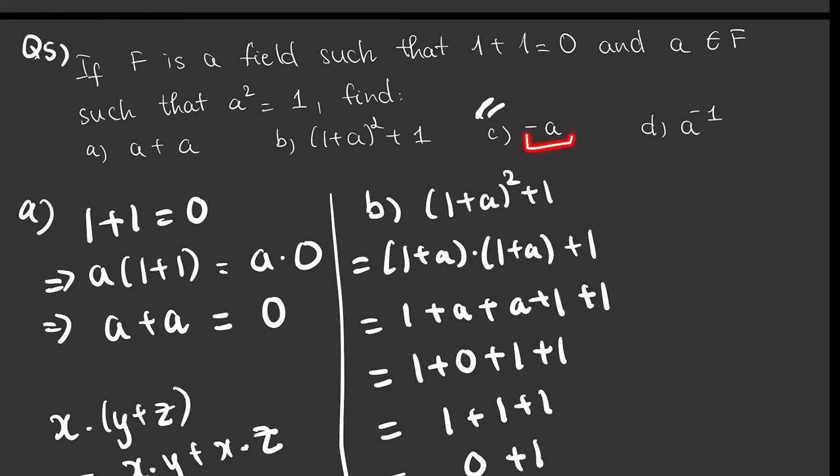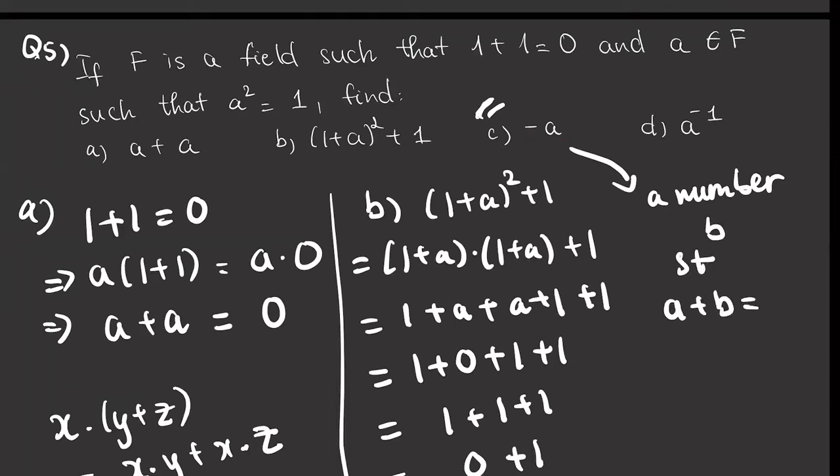Okay, for C, we care about the negative of A. So the negative of A is a number, let's say a number B, such that A plus B equals 0, right? We can add A to both sides. So if you see negative A plus A like this, then what do we get? We just get 0, right?